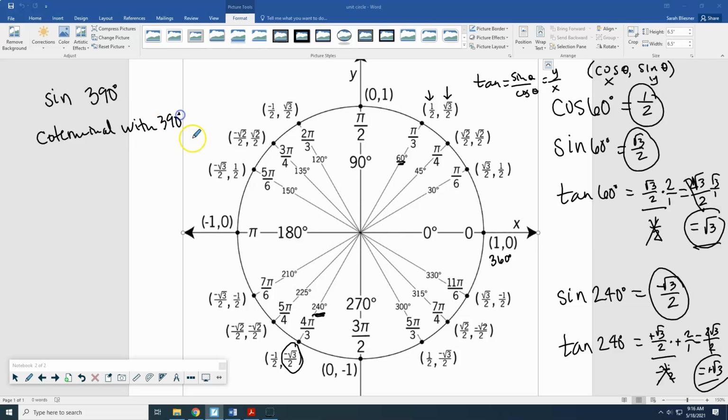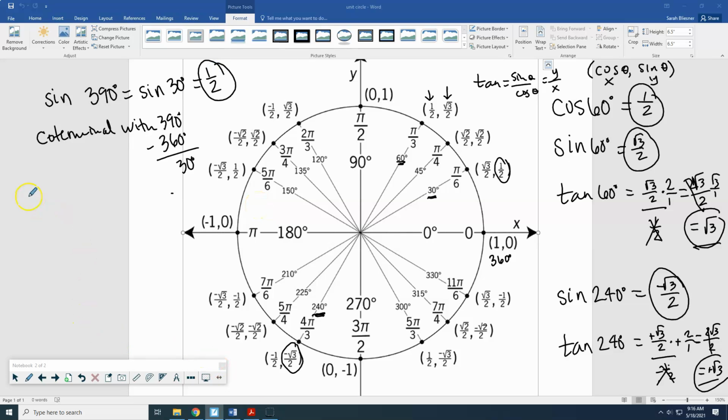Remember, to find a coterminal angle, you either add 360 or subtract 360 because that's a complete revolution, until you get one between 0 and 360. I wouldn't want to add 360 to this because that's going to give me a bigger angle that's definitely not on this circle either. So I would subtract 360, which gives me 30 degrees, which means that sine 390 is equivalent to sine of 30. And if I go over here to 30, the sine, being the y coordinate, would be 1/2.